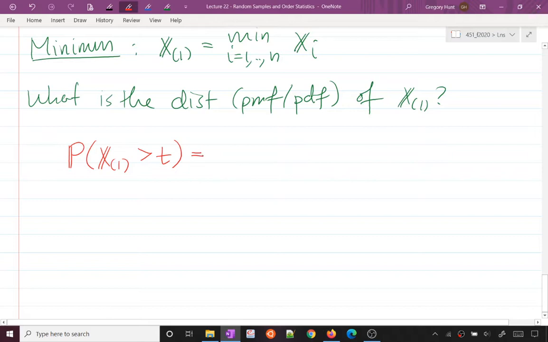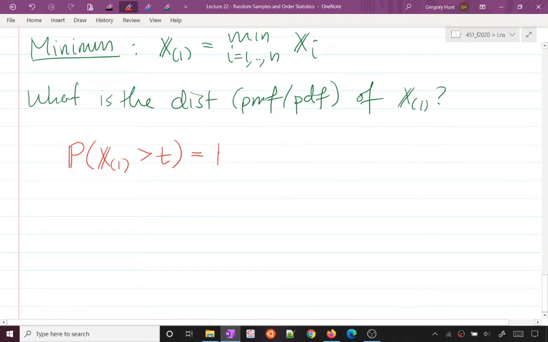So there are kind of two tricks to answer this question. This is going to get to either the PMF or PDF. We'll get the CDF first, and then in the continuous case, we can get the PDF. But this is going to get us to talking about the distribution. So if I look at the probability that the minimum is bigger than t.